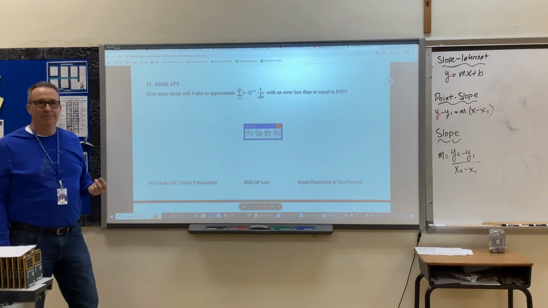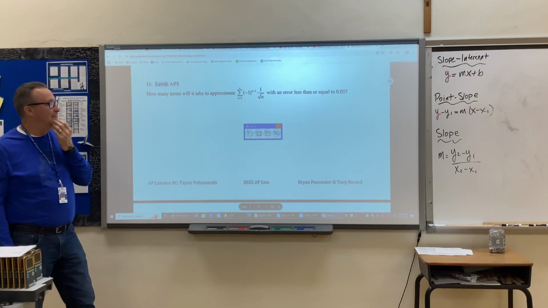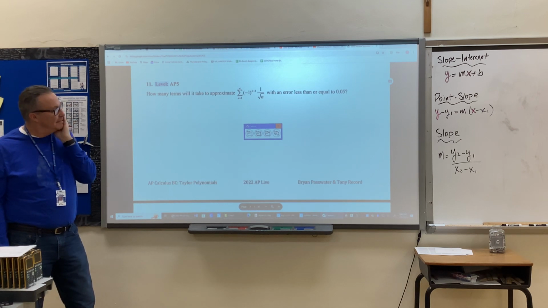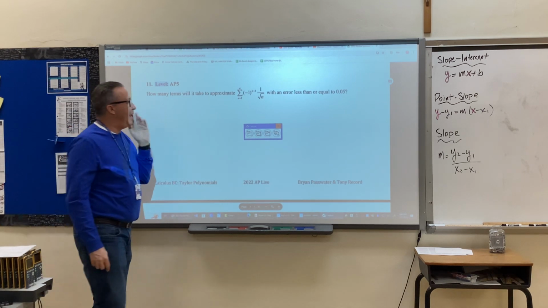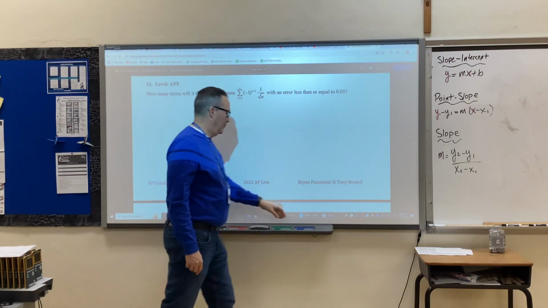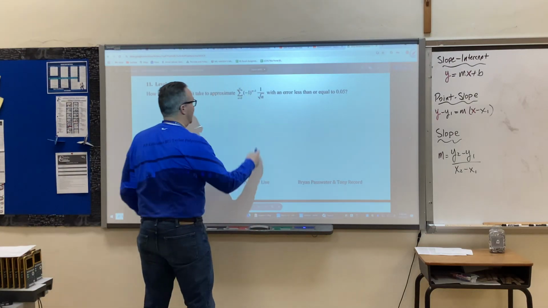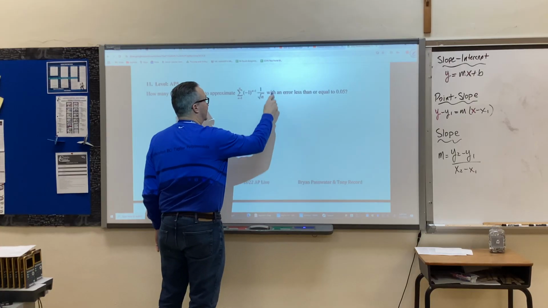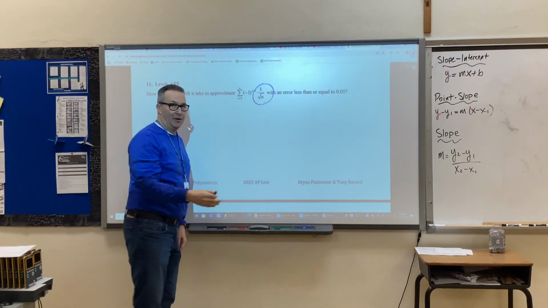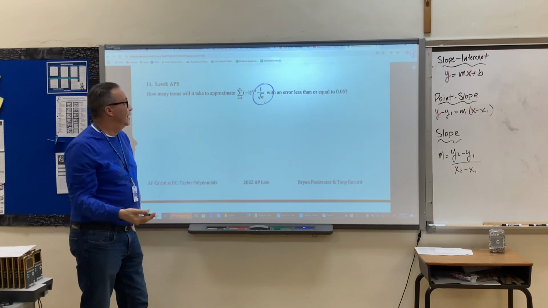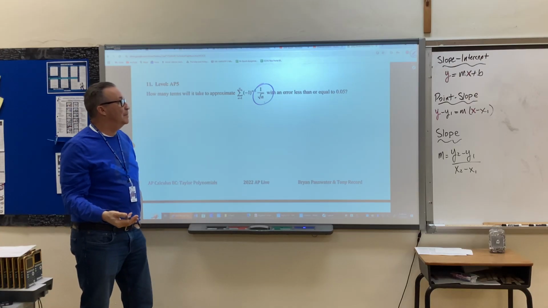Right? So this was with the ratio test, right? This is not the ratio. I'm confused now. We have to keep plugging in numbers until we get the next term as being less than or equal to 0.05.